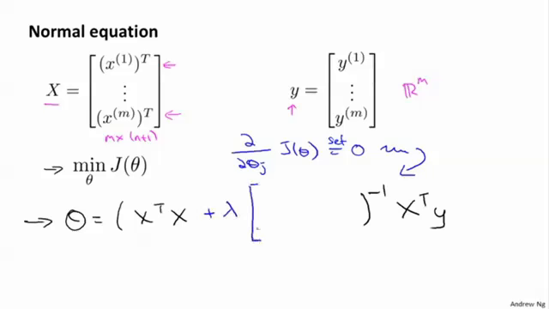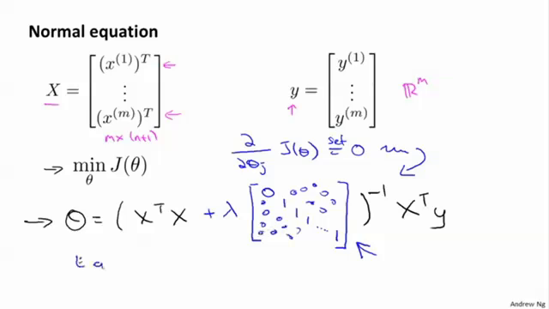Inside this parenthesis, you end up with a matrix like this: 0, 1, 1, 1, and so on, 1 until the bottom. So this is a matrix whose upper leftmost entry is 0, with 1's on the diagonal and 0's everywhere else, because I'm drawing this a little bit sloppily.